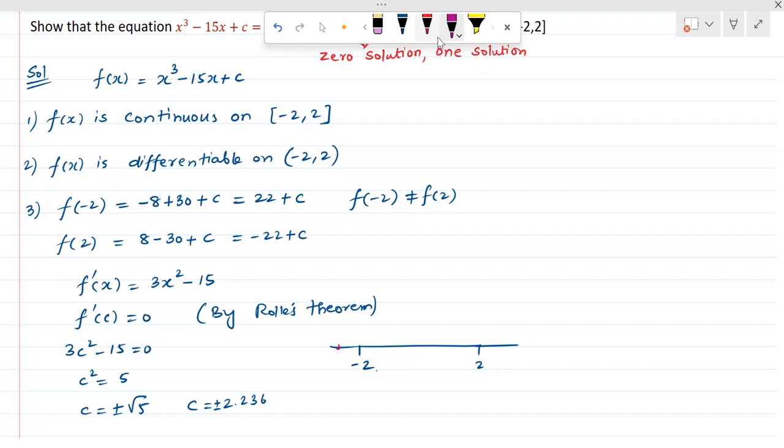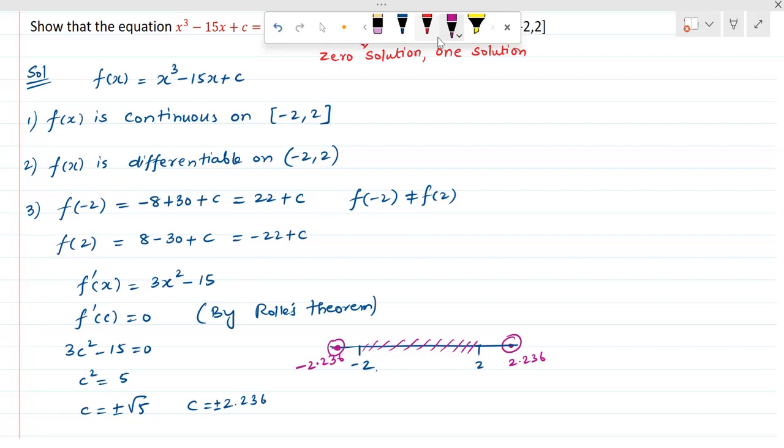It is more than 2, so minus 2.236 is outside the range on the left side, and similarly here also it is outside the range on the right side. So therefore it is not inside the interval. So we can say that since Rolle's theorem is not satisfied, it has no solution there. So two solutions are outside the given interval. So I write it here.